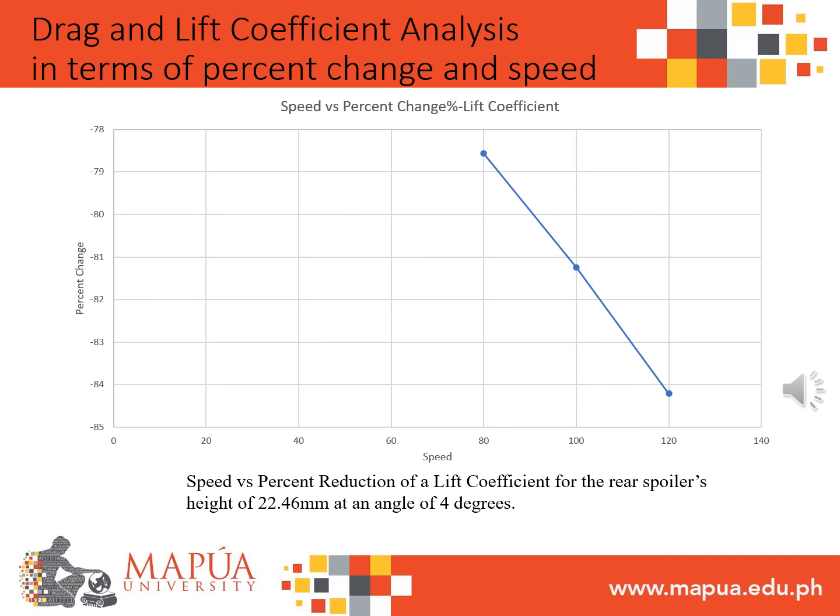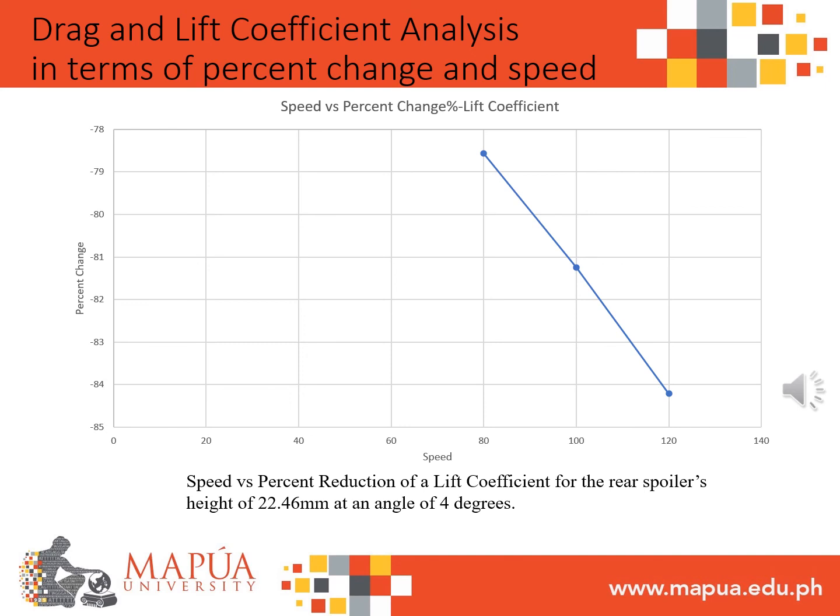Next, let's analyze how drag and lift coefficient vary as the speed increases. What we have here is the speed versus percent change of lift coefficient. Let's use the setup whose rear spoiler's height is 22.46 mm at 4 degree angle.